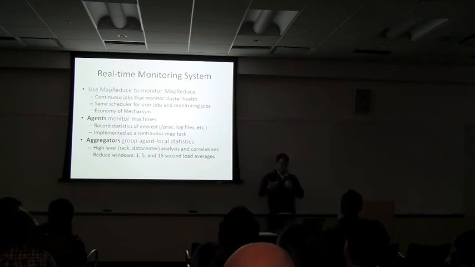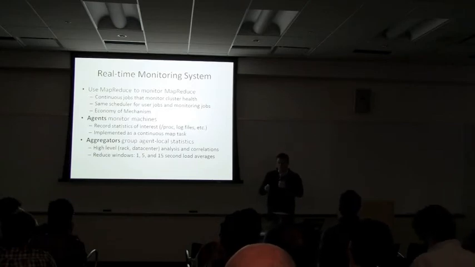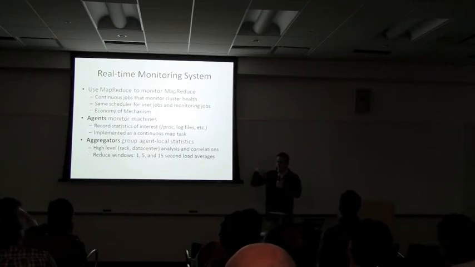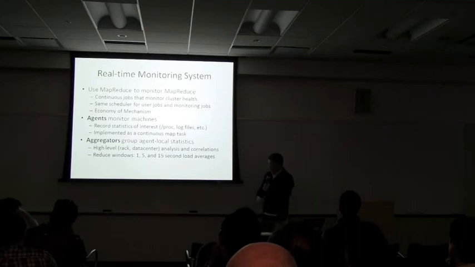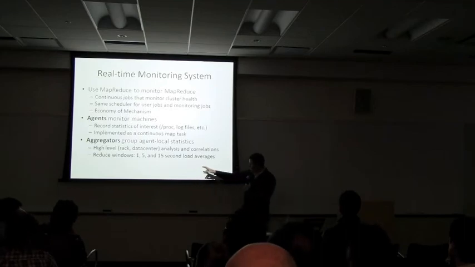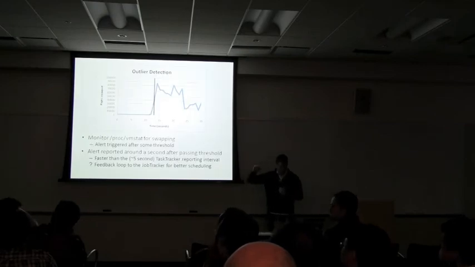You can have, say, a reducer per rack that groups all the machine statistics on a rack and gives you a rack view of the load. Or you can have a reduce that deals with a data center view of the load. And we have reduce windows of 1, 5, and 15-second load averages here, just for this implementation.